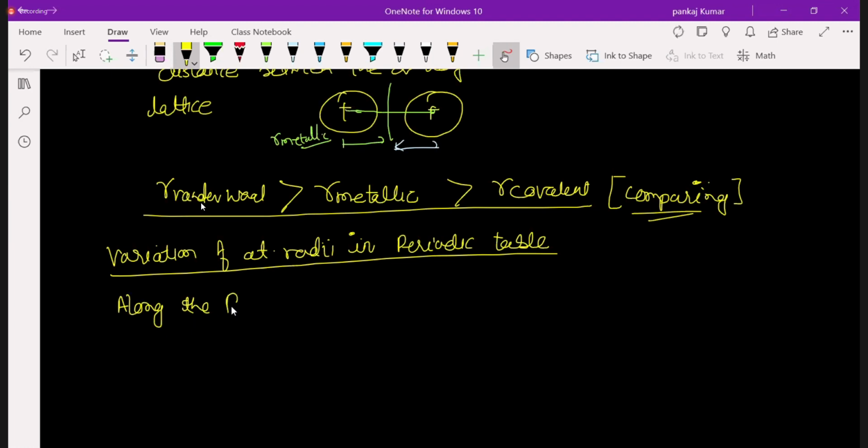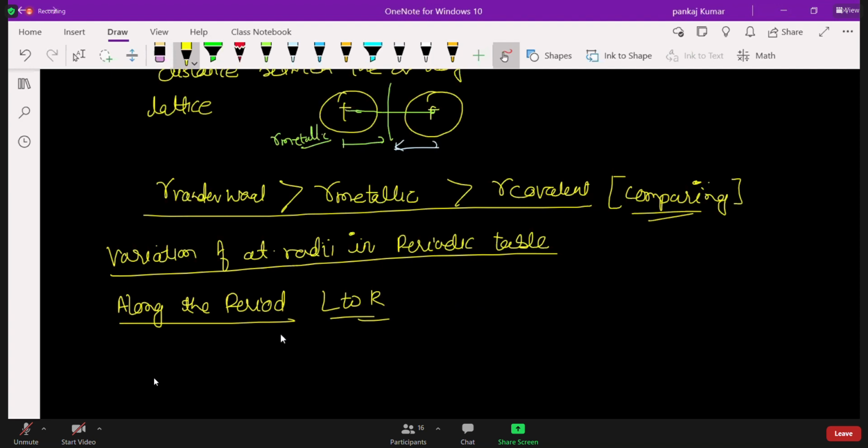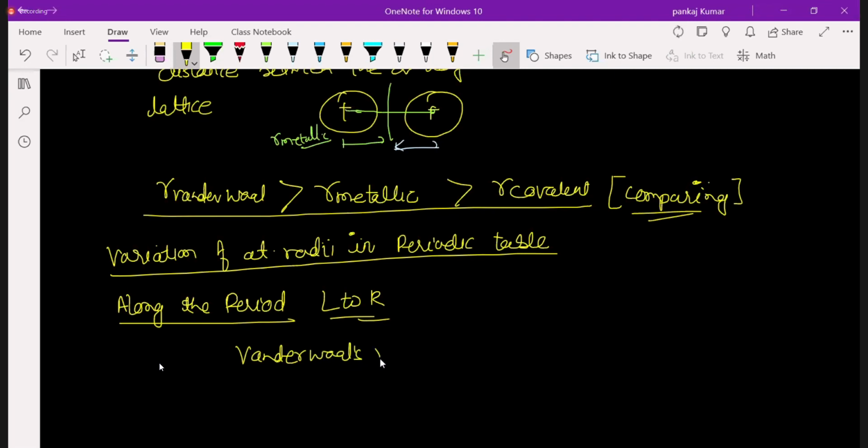Now we see along the period, meaning left to right. In going left to right, what will happen to the van der Waals radius? Will it increase or decrease? The van der Waals radius will decrease with an increase of atomic number.